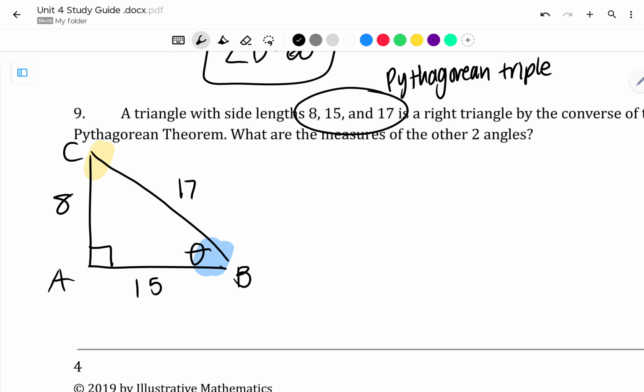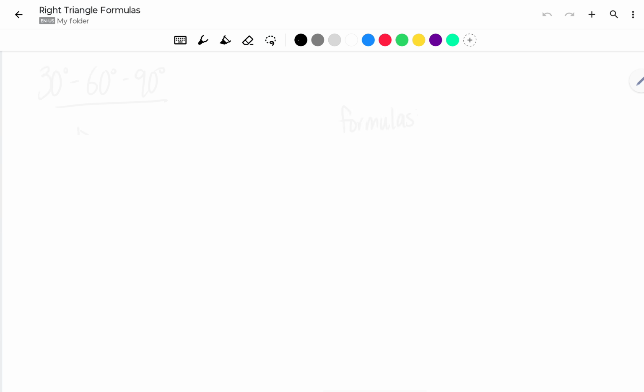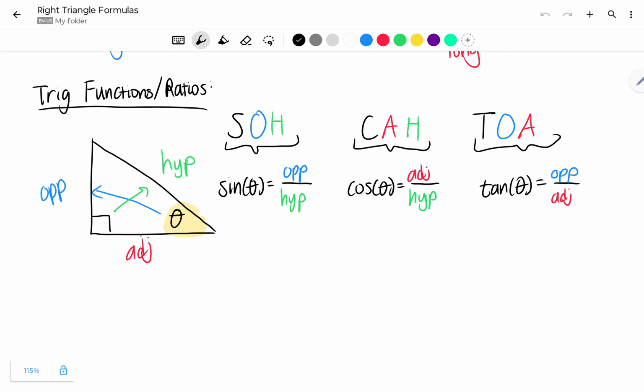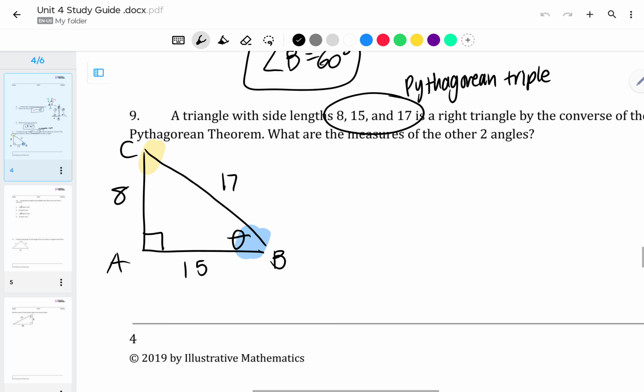It doesn't matter. Okay. When we're solving for the angle, the only formula we can use is trig ratios, trig functions, right? Because we have missing angles here. This is the only one we could use. And we learned this the most recently in the last lesson 9.